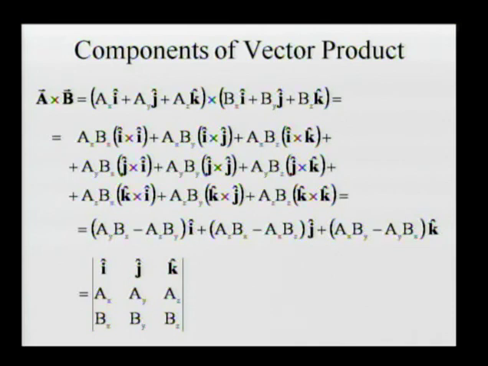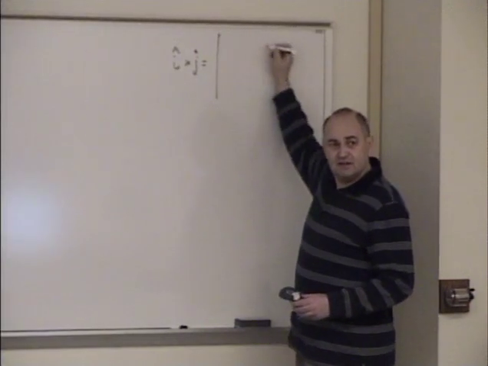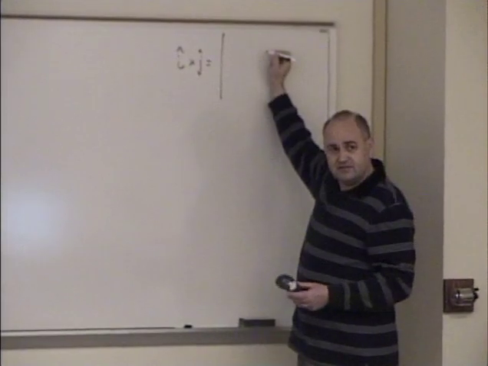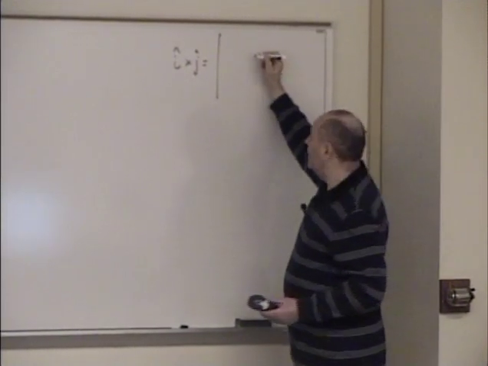Now let's use this matrix to find out a vector product of vectors i and j. So how would I write the determinant? What should I write in the first row? Look at the screen. i, j, and k.